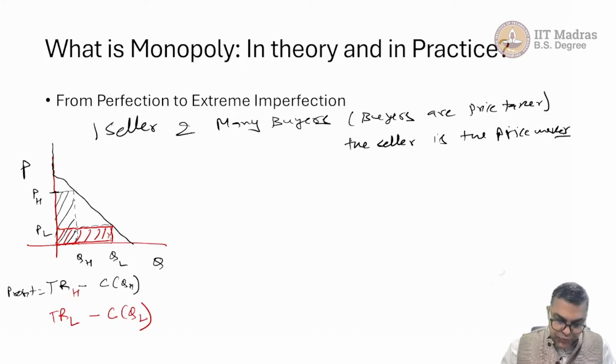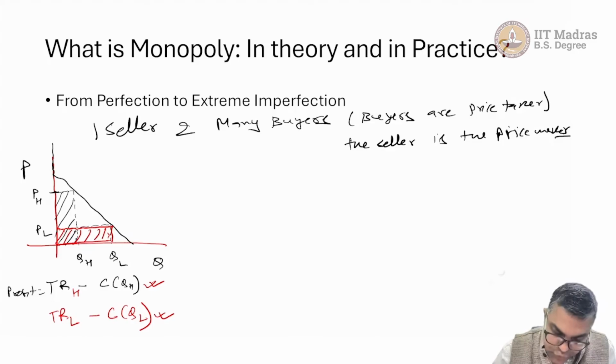Of course, it has to figure out whether it wants a high price or a low price. Here I am just comparing a high price with a low price, but in fact there is a possibility of any infinite level of pricing. It can decide which one to keep. It will come from profit maximization.